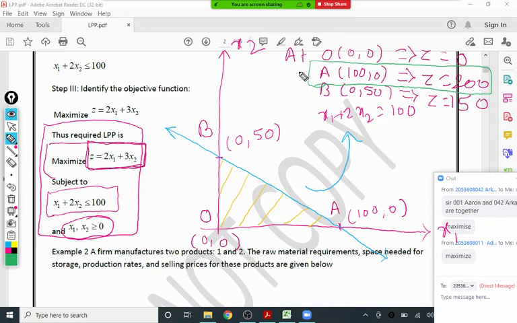But he should be able to sell all the items in that day, then only he gets the maximum profit. So there are certain conditions on that. But here we say the maximum value of Z is 200 at 100 comma 0. So x1 should be 100 and x2 should be 0, and then only the seller will get a maximum profit of 200 rupees. Is it clear? Any doubt there?